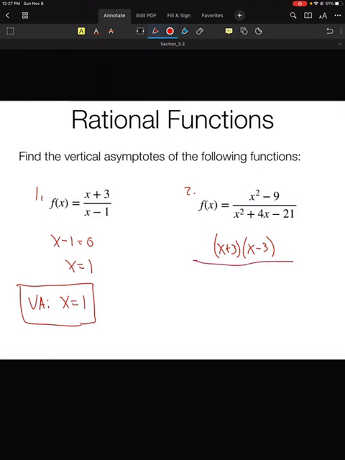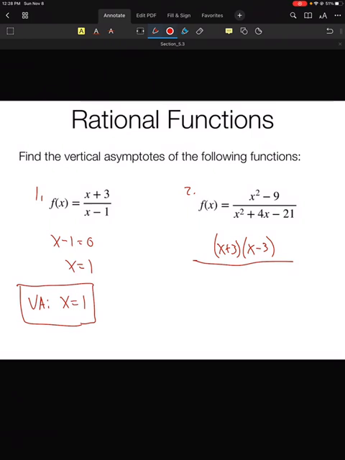And then in the bottom, I have x squared plus 4x minus 21. So I need to think of two factors of 21 where I add them together to get positive 4, and then I multiply them to get negative 21.